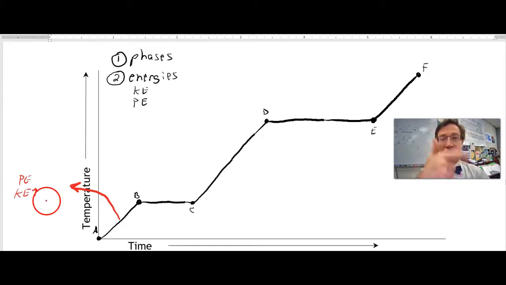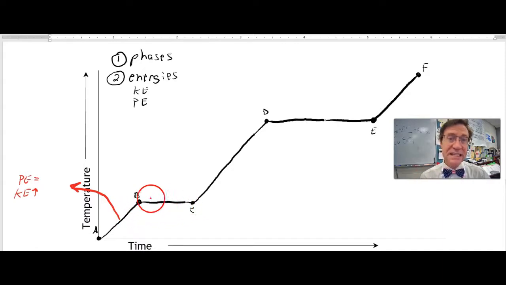If temperature goes up, kinetic energy goes up, because temperature is measuring kinetic energy, right? So if all the energy is going into kinetic energy, and the line is going up, that means the potential energy is just going to stay the same. Nothing is happening there. You dig? So that's what's happening. Line goes up, kinetic energy goes up. Potential energy stays the same.